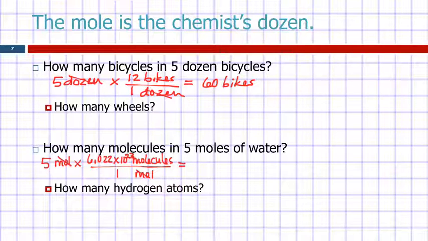On your calculator, you cannot put this in by punching in zeros. Your calculator won't take it. So 5 times 6.022 EE 23 equals, and my calculator is telling me 3.011 times 10 to the 24th molecules. Any questions?